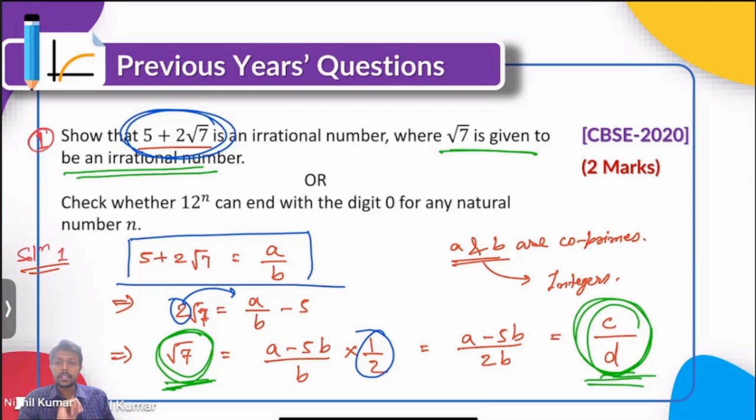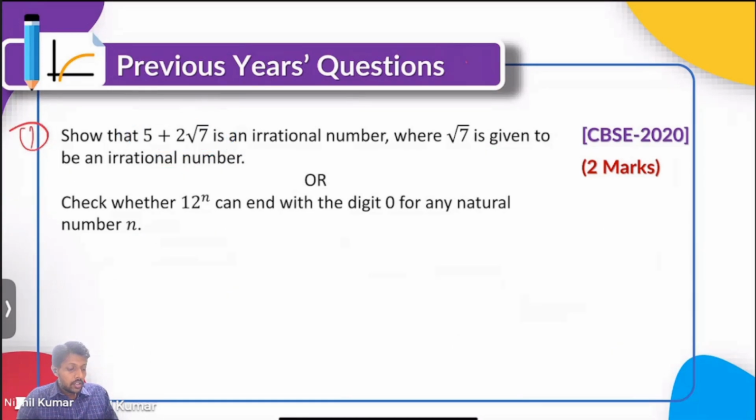Let's look at the second method of solving the first question itself. In the second method, we are going to use the properties of rational and irrational numbers. When it is given that root 7 is irrational, what can you say about an integer multiplied with an irrational number?